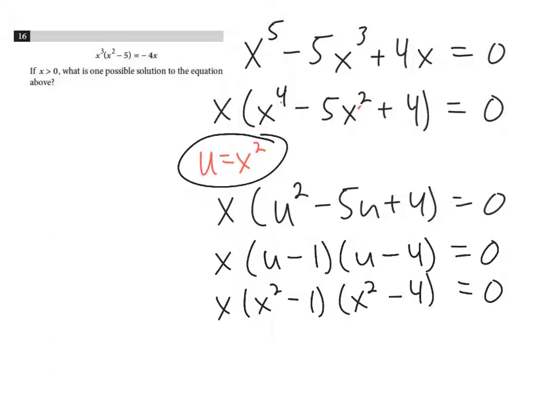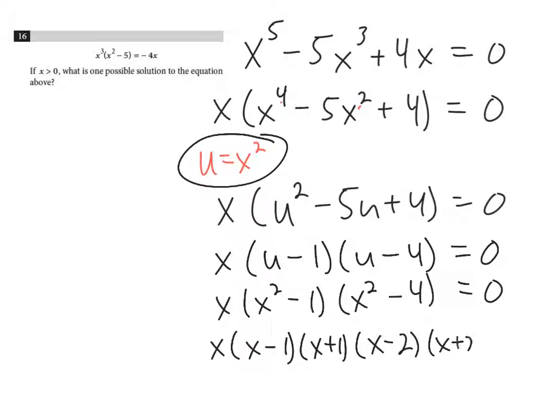Okay. And I know that these are both difference of squares, so we're going to have x, (x minus 1), (x plus 1), (x minus 2), (x plus 2) equals 0. So we're going to have 5 solutions, and we know that x is greater than 0, so we can start to rule out some of these solutions.